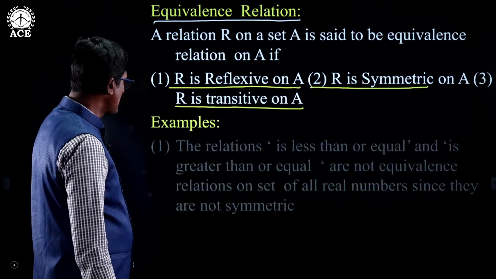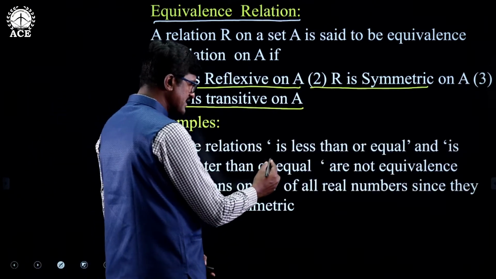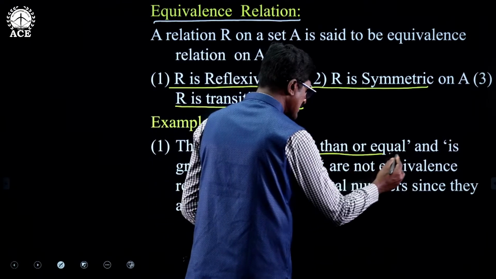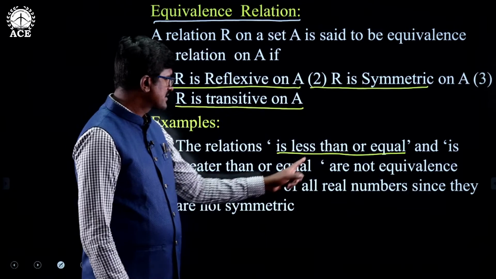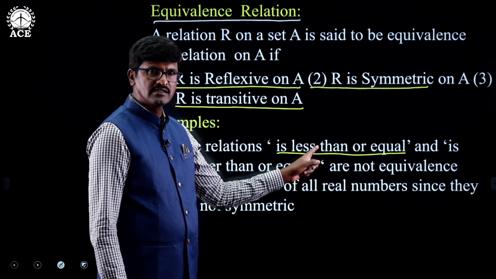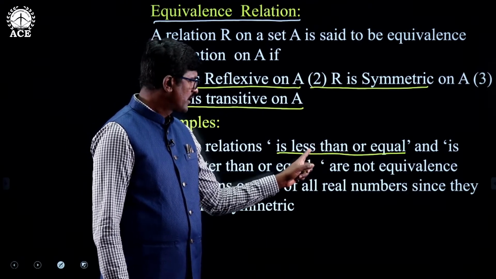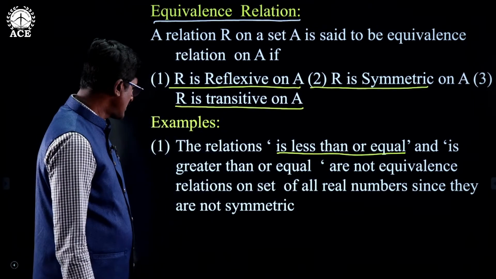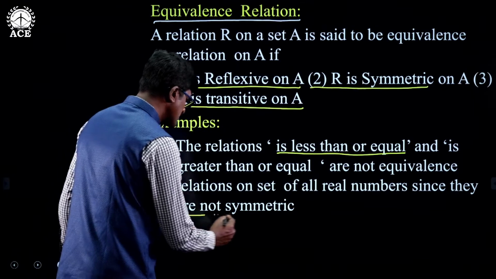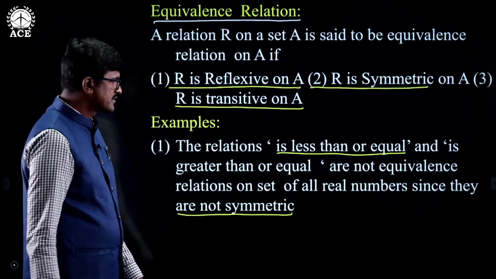Now let's see some examples. Already we have seen these examples. E with less than or equal to is only reflexive and transitive. It's not symmetric. Therefore, less than or equal to is not an equivalence relation, because it is not symmetric.